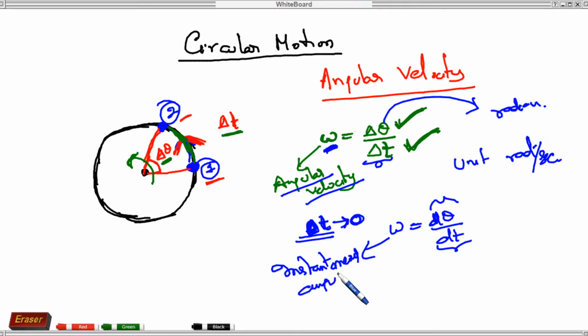This angular velocity omega is around this center.